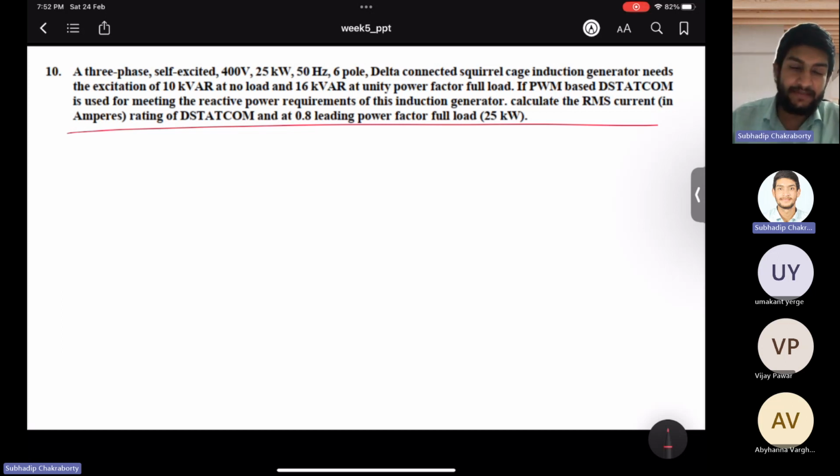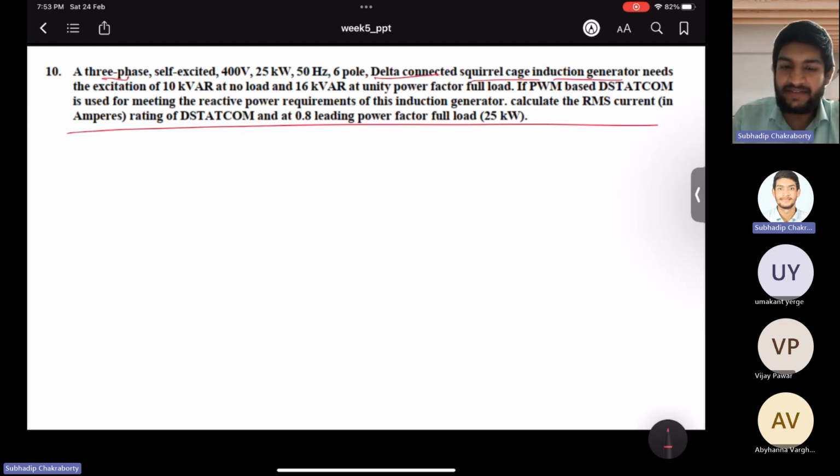So what the problem is saying is, you have a three-phase delta connected squirrel cage induction generator as a supply side. You may have AC mains as the supply, or some generator sitting there.